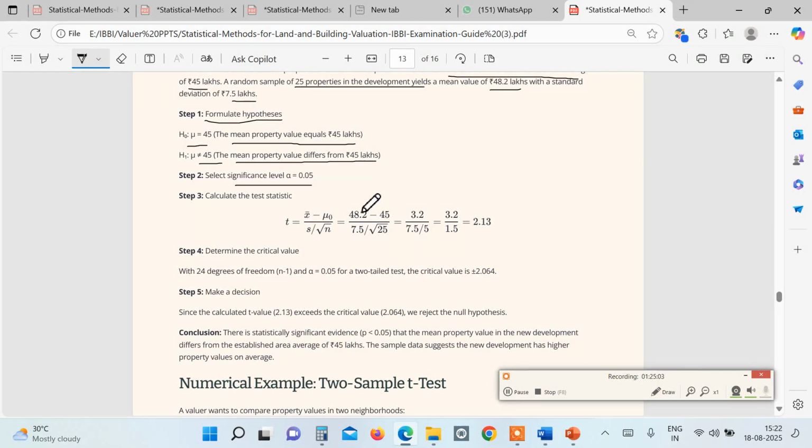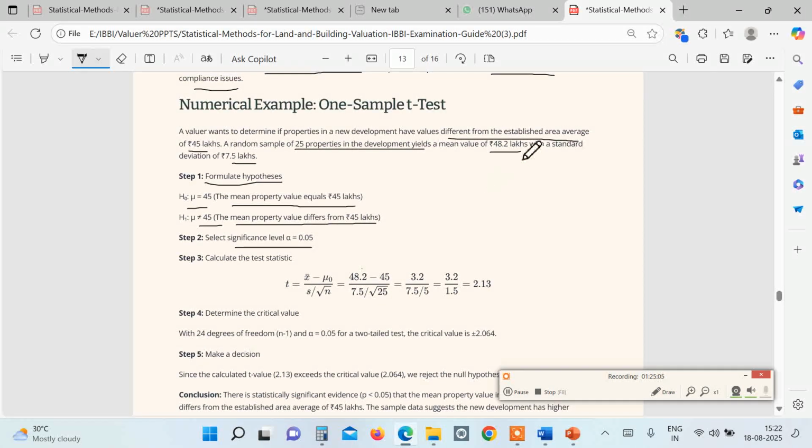X bar is 48.2, which is given to you. Mu 0 is 45, the average value, s is 7.5 lakhs, and n is 25, the number of properties. You put in all the values, and the t value is 2.13.